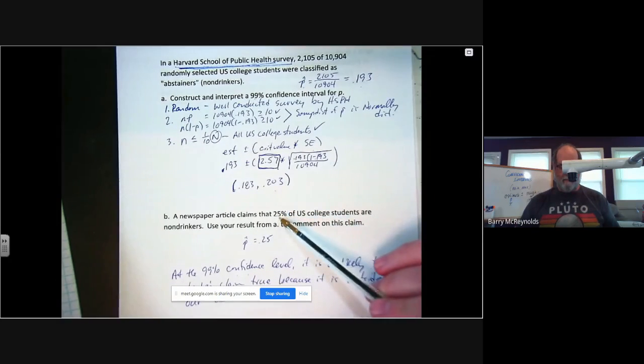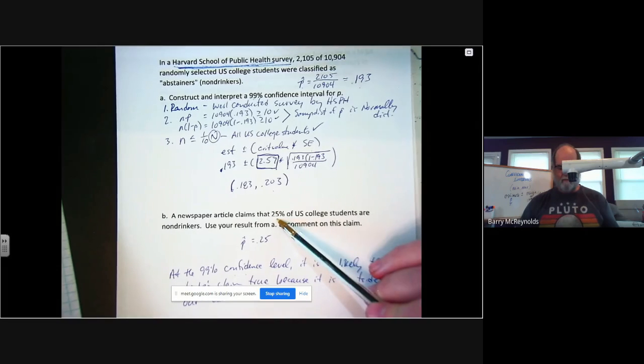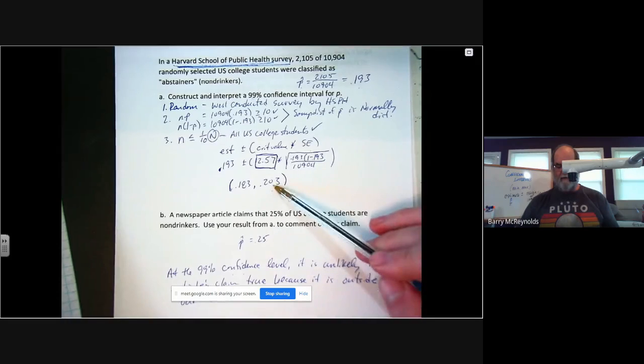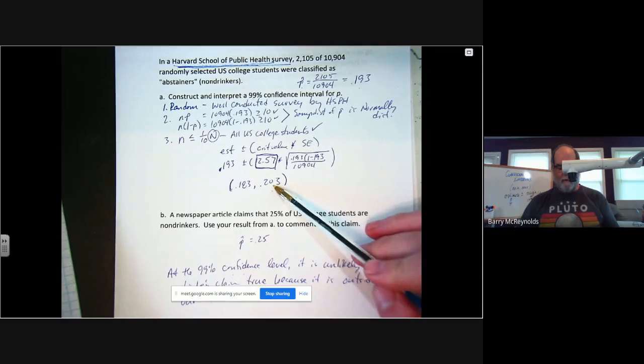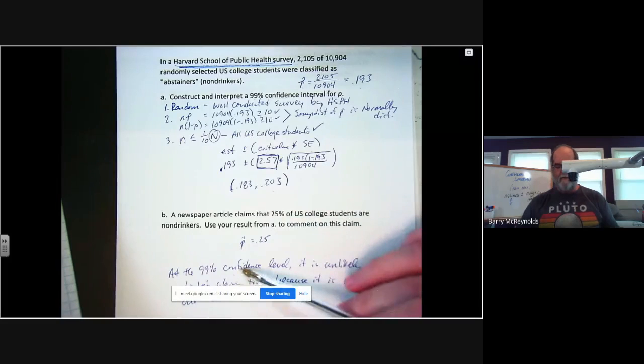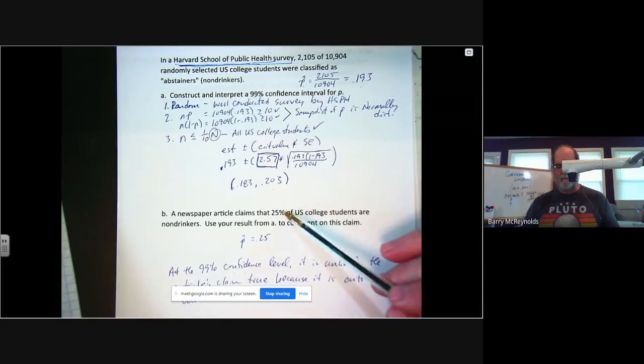Now, if the newspaper article had said 21% of college students, I would still say it's unlikely because it's outside this interval. But if I reduced my confidence level, then my interval would probably include 21%.